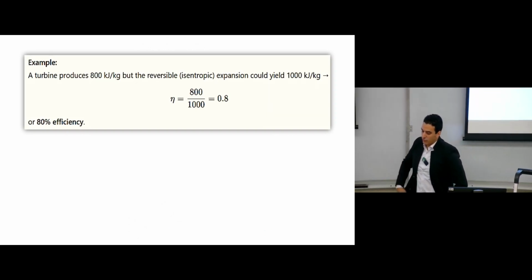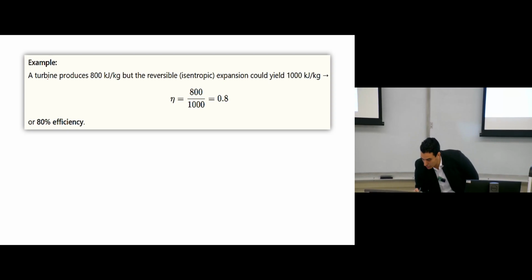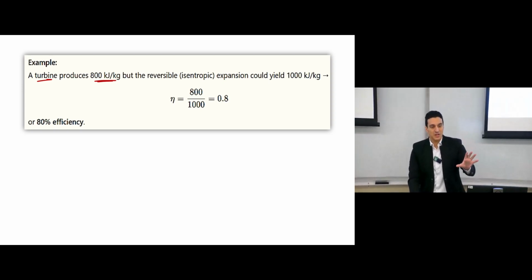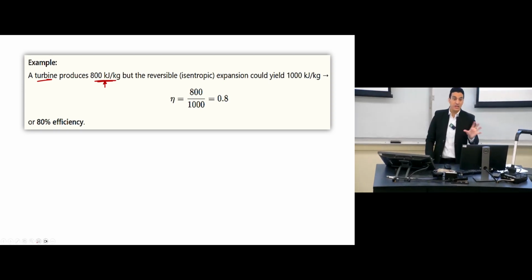So this is why we are going to check this isentropic efficiency. Let's say you have a turbine, for example, and this turbine produces 800 kilojoule per kilogram. Now this number represents the actual amount of work we are obtaining from this turbine.